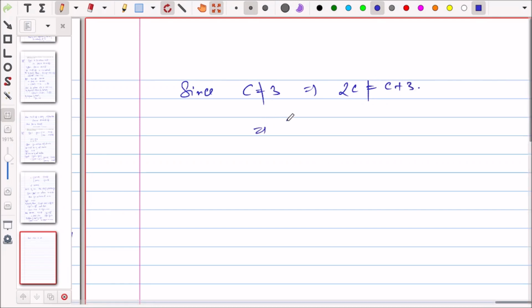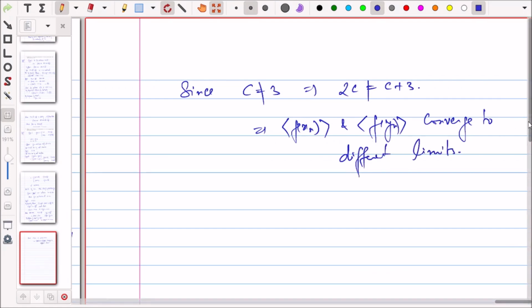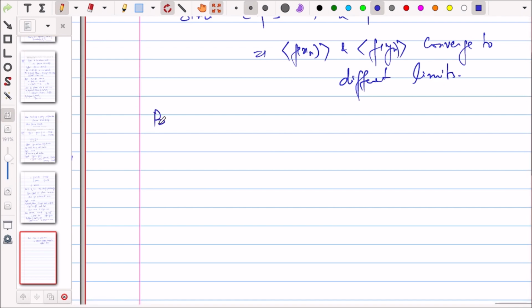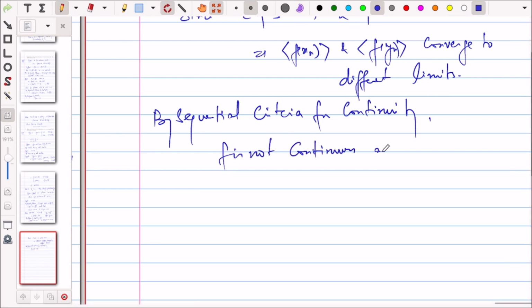So this implies f of xn and f of yn converge to different limits, right? So by sequential criteria for continuity, f is not continuous at c.